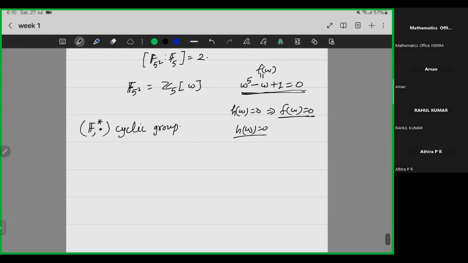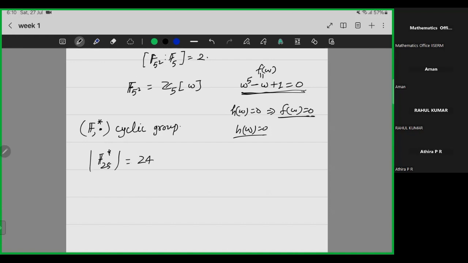In particular, here F25 star has order 24.